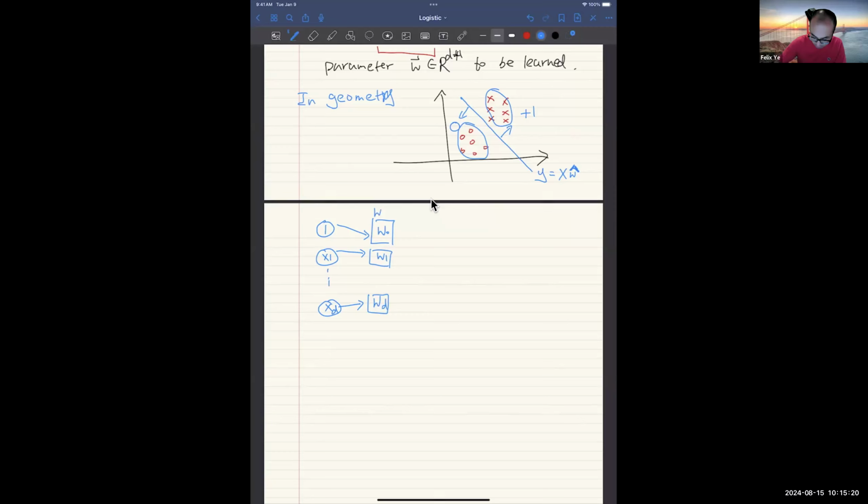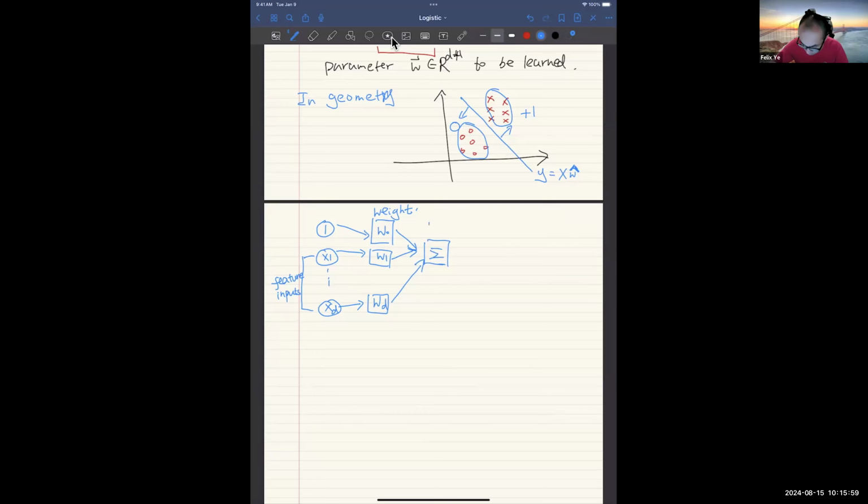These are the weights. What they do is multiply with the inputs, so x1 times w1 and so on. Then you sum them together. This is a big summation here.